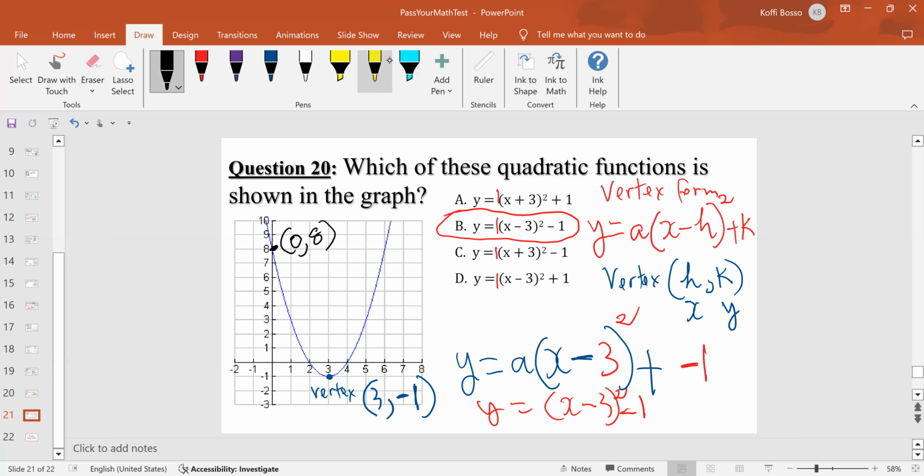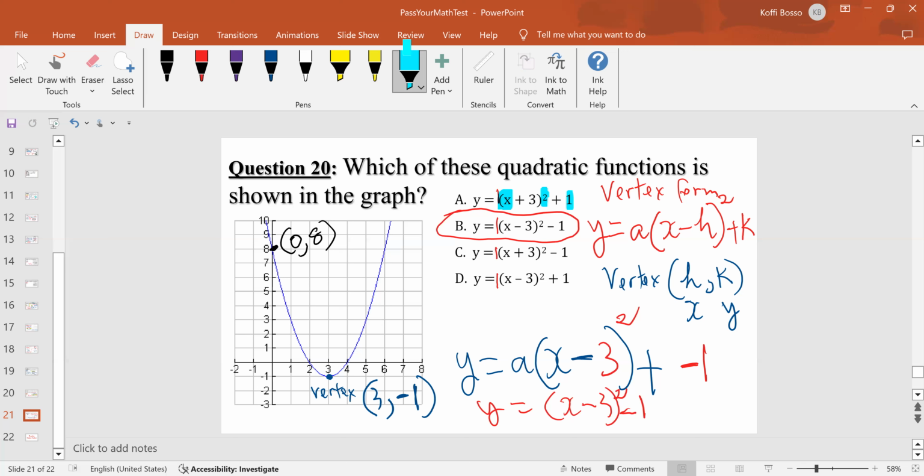If you replace x here by 0, 0 plus 3 is 3. 3 raised to the second power is 9, and 9 plus 1 is 10. So it's not A. I'm going to skip B because I know B is the correct answer.